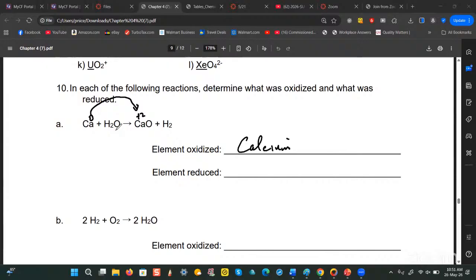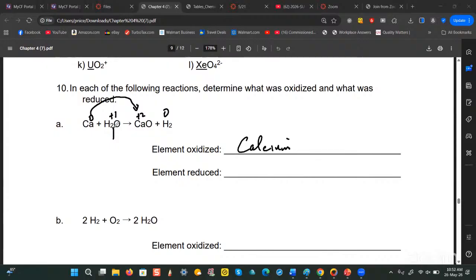Again, you need to go to the rules. +1. Hydrogen is always +1, excepting if it's in hydrogen peroxide. What is the oxidation number of hydrogen on this side? On the right side? 0.